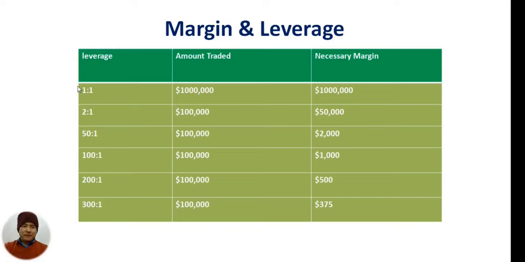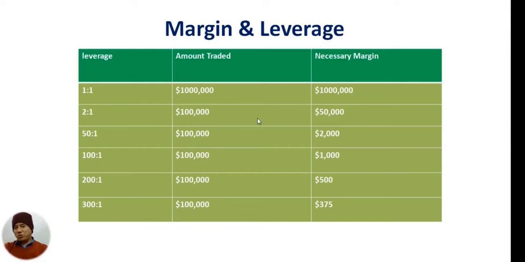All right. If you have 1-to-1 margin and you are going to trade an amount of 100,000 US dollars, the necessary margin is the amount you have in your account, the deposited amount, and it has to be the same amount, because you've got no leverage, right? 1-to-1 means there is no leverage.